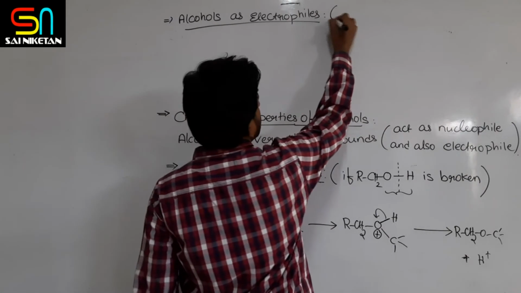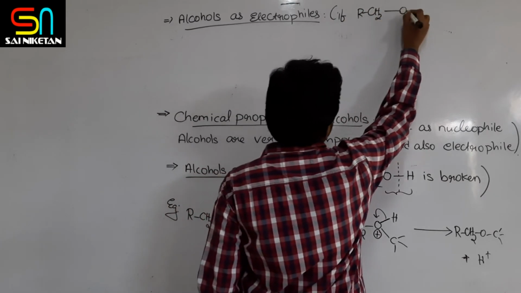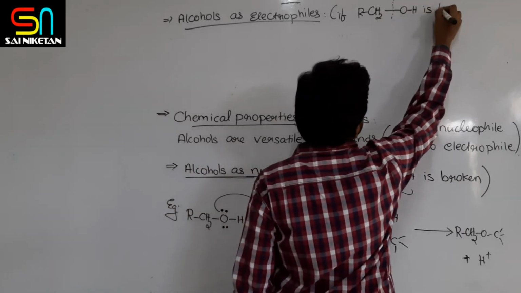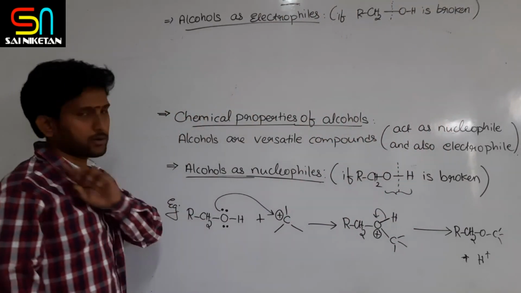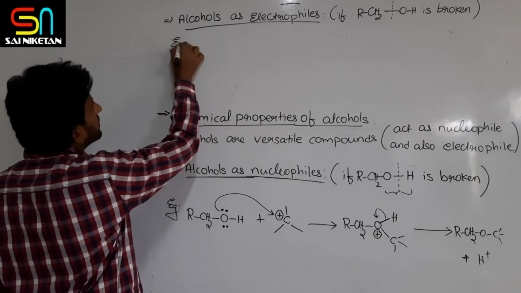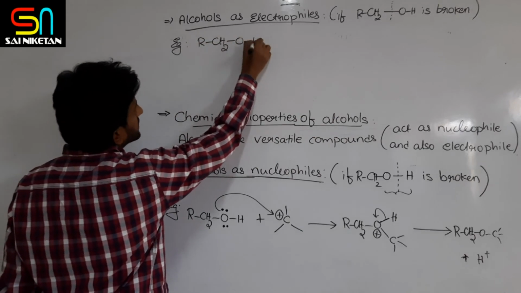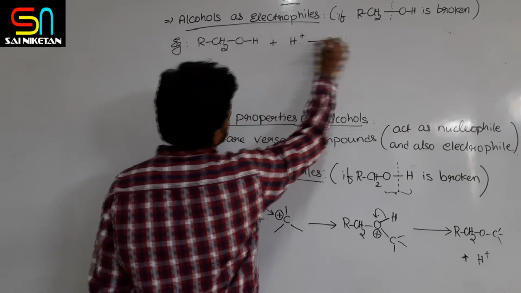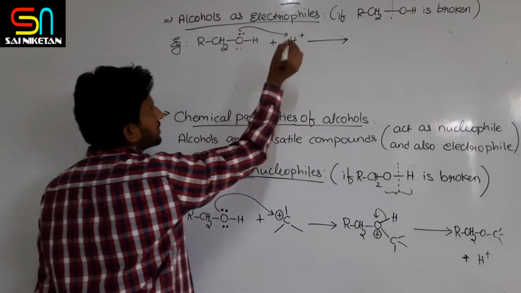In all those reactions where the CO bond is cleaved or broken, alcohols act as electrophiles. For example, RCH2OH plus, let us assume, a proton attacks the lone pair here.